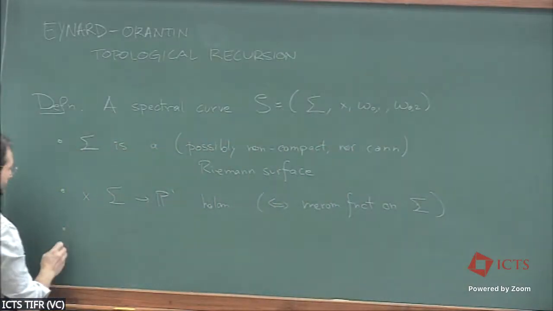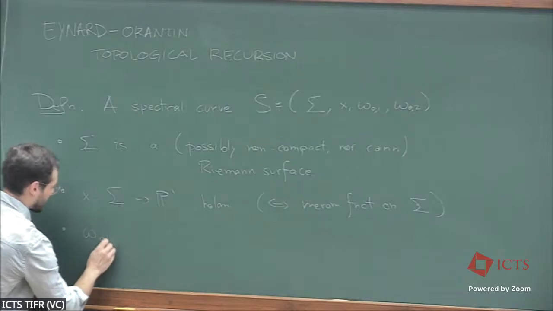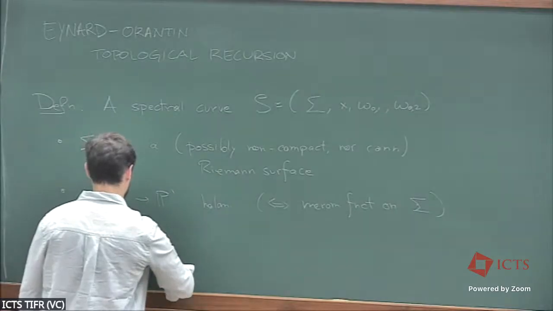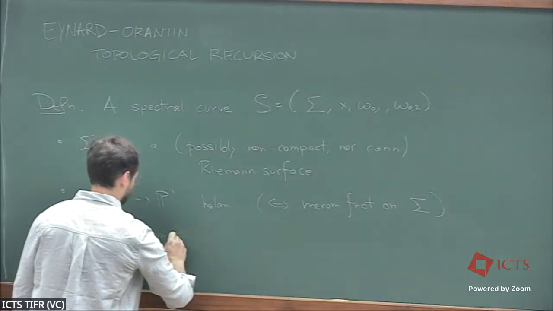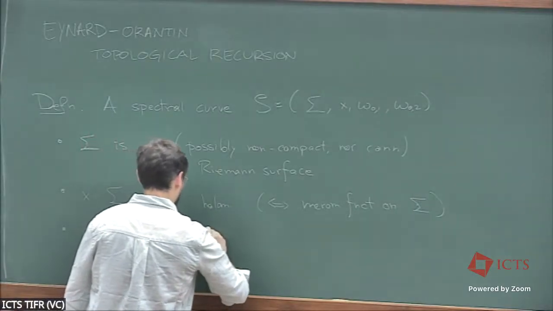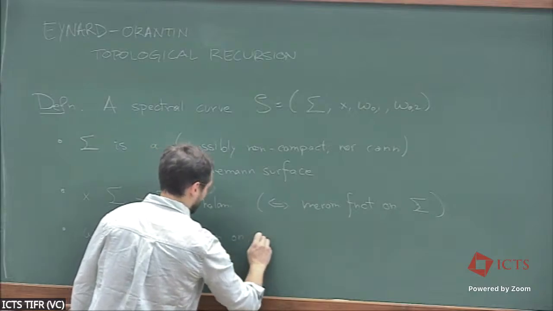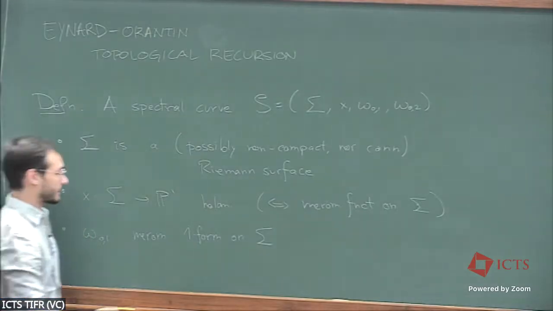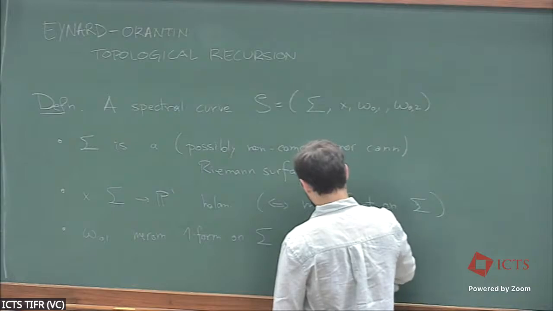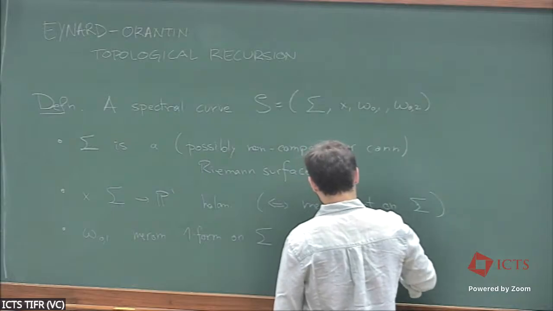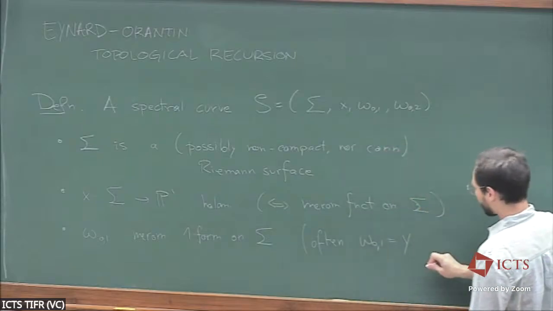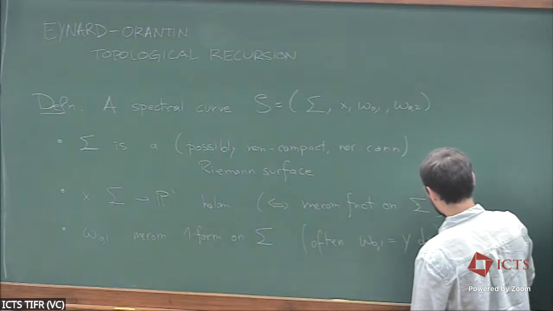Omega 0,1 is going to be a meromorphic one-form on sigma. And often we will actually write it as a meromorphic function times dx. So often we'll write omega 0,1 as something like a meromorphic function y times dx.